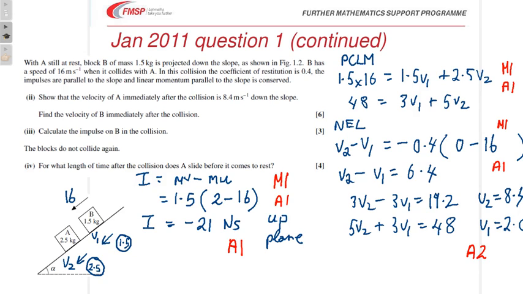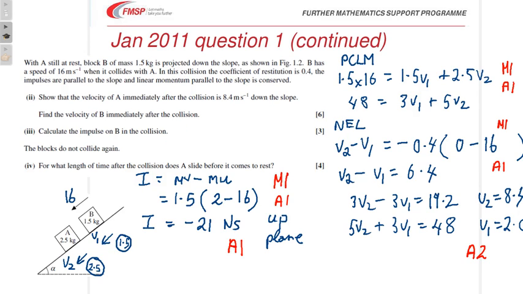The velocity before collision was 16. So putting those into the equation, I equals mv minus mu, we get 1.5, which is the mass, times minus 14, which gives us an impulse of minus 21. In other words, 21 newton seconds up the plane. So that's part 3, to calculate the impulse on B.